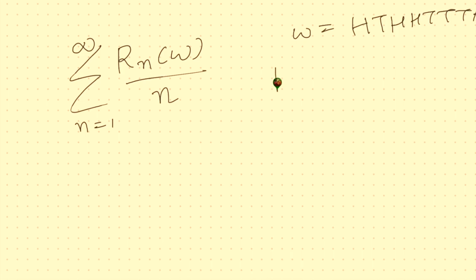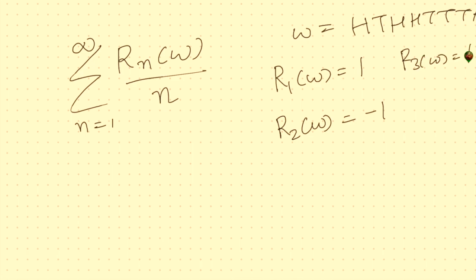So I know if I do R1 W, it will be 1, R2 W will be -1, R3 W will be equal to +1. So you see that you can make the series, but how can I say that the series converges?